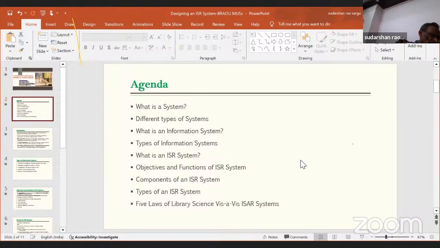Those laws have been slightly modified, rephrased as information is for use instead of documents or books. They say information is for use. The new naming is slightly changed. Second one is every information user his or her information. Earlier they said every reader his or her book. So every user, what we say, every information user, how we say. We are not asking every user.